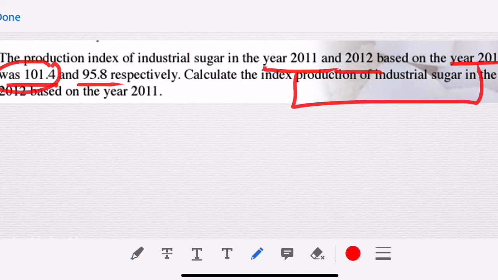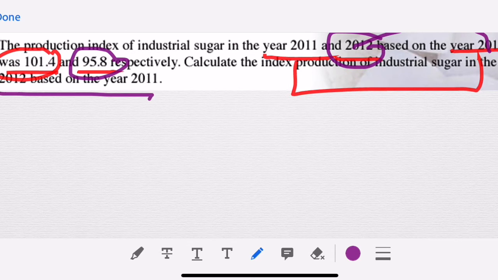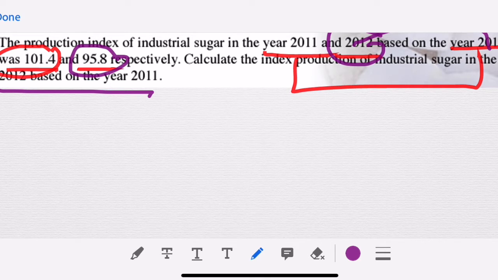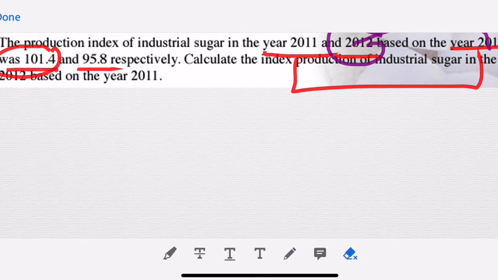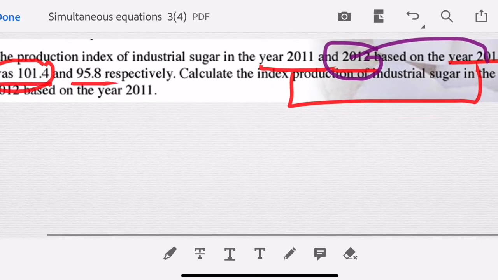Then another one, 95.8, is actually 2012 based on 2010. And then we're asked to find 2012 based on 2011. That's what the question wants.